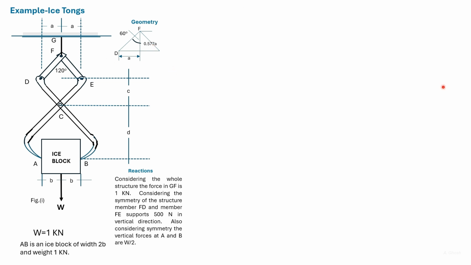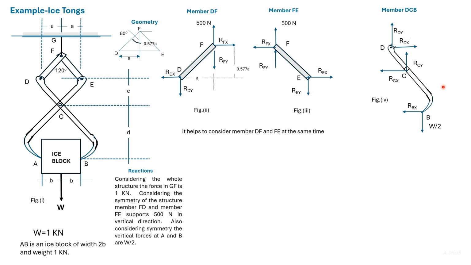We'll now consider the equilibrium of the members in turn, but first we'll look at joints. The joint F belongs to both FD and FE. We consider the direction of the vertical force acting at F in FD to act downwards.